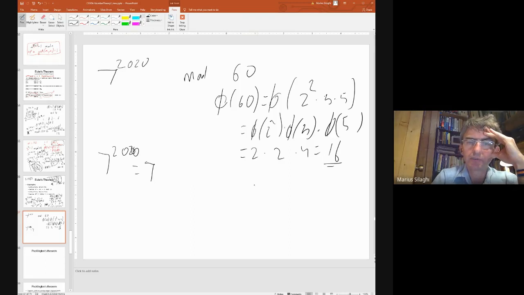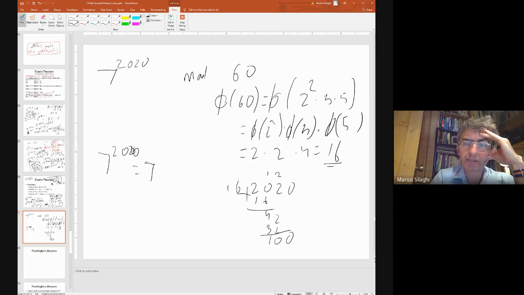So we are going to divide 2020 divided by 16 to get a 1. 16 remains 4. Then 42, you get here 2. 32, you remain with 10. 0, 16 divided by 0. 100 divided by 16.